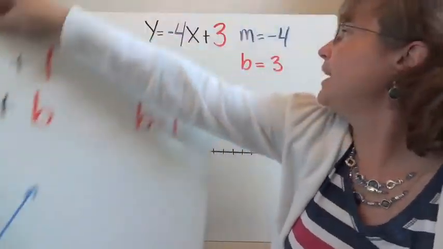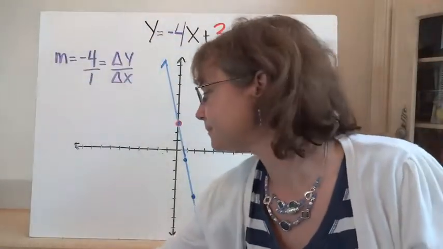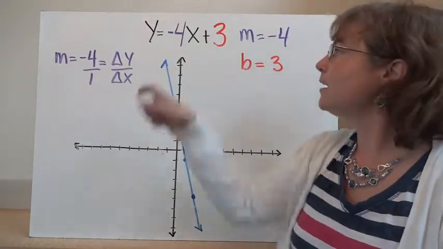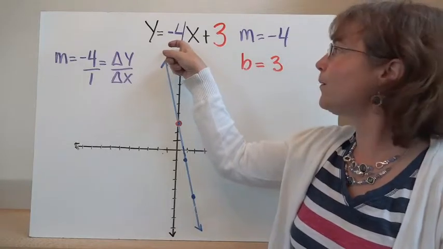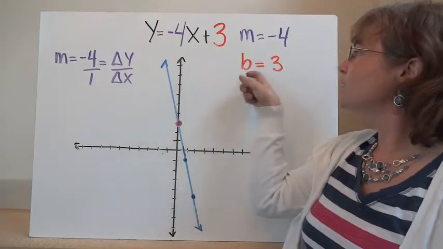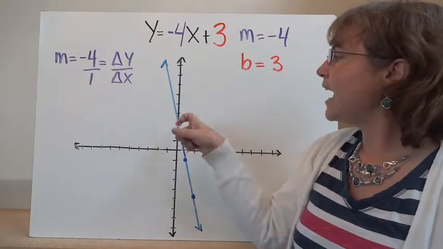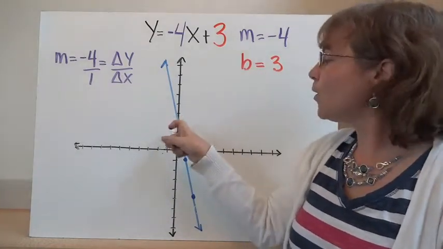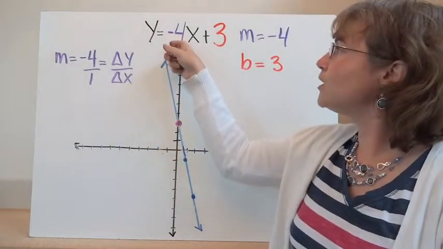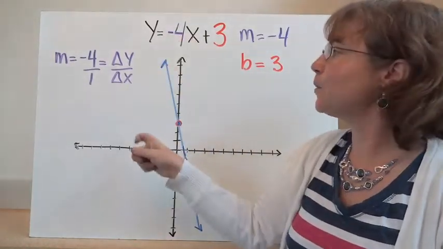Now what if we have a negative slope? So we have y equals -4x plus 3. My slope is -4. The y-coordinate of my y-intercept is 3. So b is equal to 3 in this case, and that's where we're going to begin. We're going to begin at 0, 3 right here. And then we are going to use our slope to find the next point.